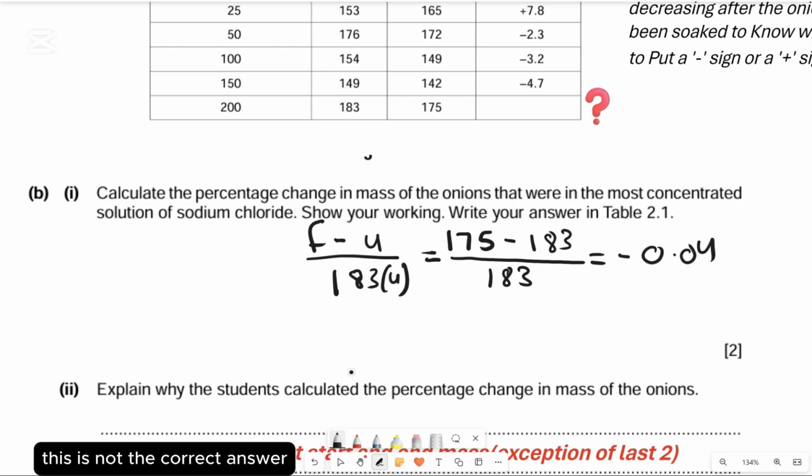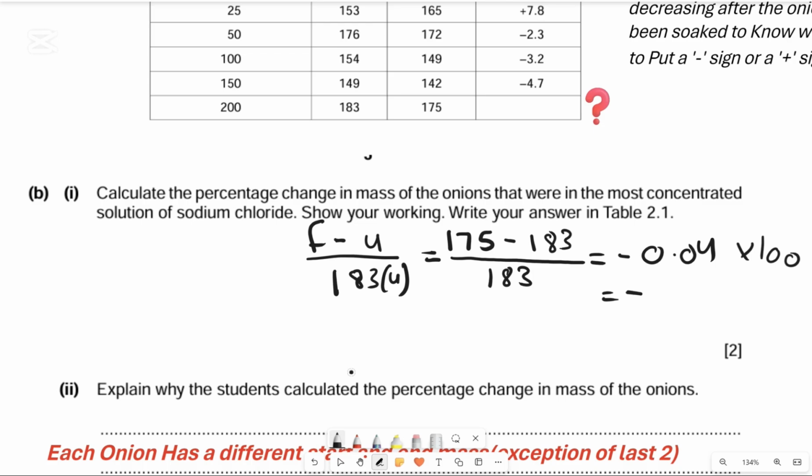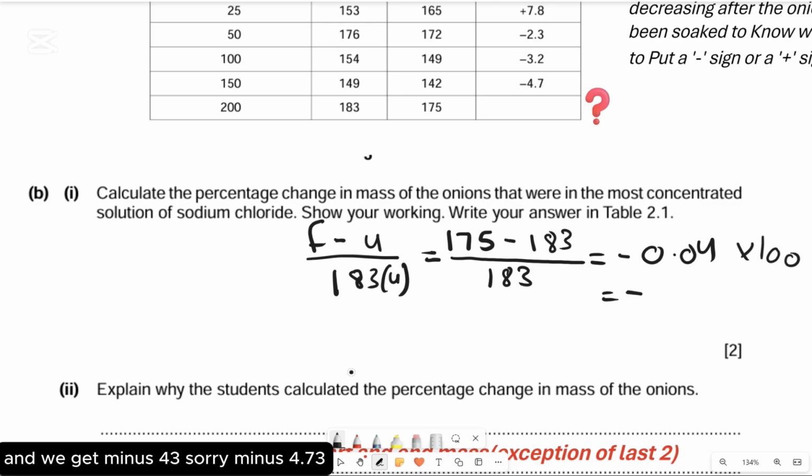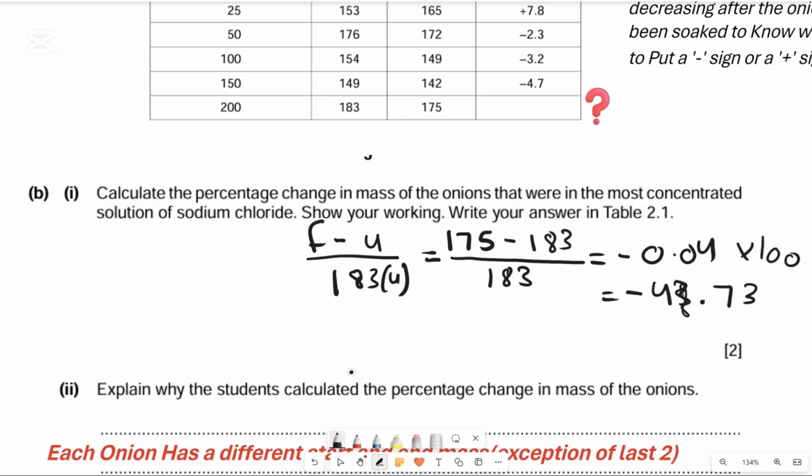Okay, this is not the correct answer, as you're going to have to multiply by 100 to get the percentage. So we are going to multiply that by 100, and we get minus 4.73, or just minus 4.7.